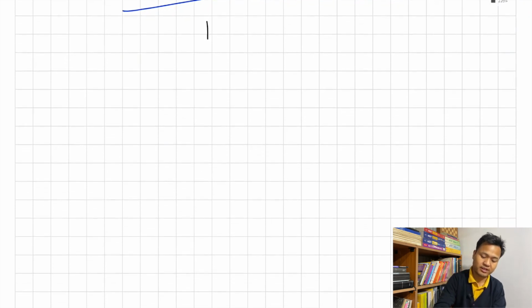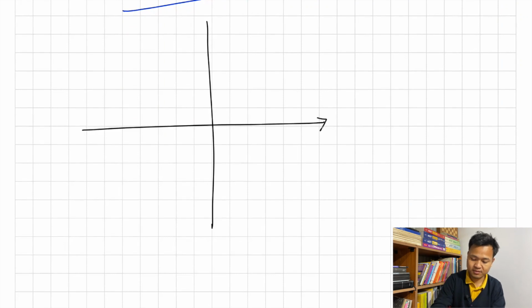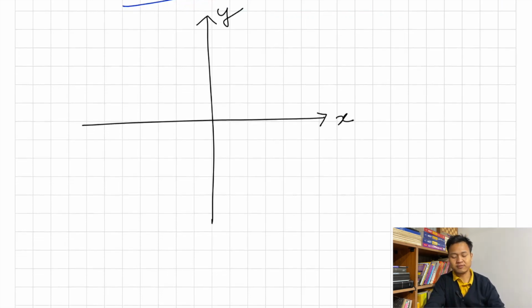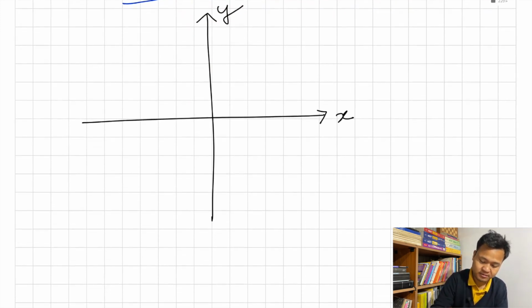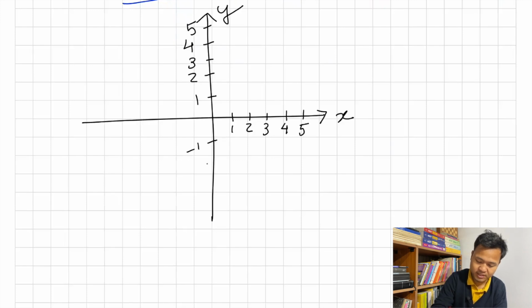Before going into that, the regular Cartesian coordinate system. We know x, we know y. What if I take some random points on the x-axis? Suppose I write 1, 2, 3, 4, 5, and similarly minus 1, minus 2, minus 3 on each axis.